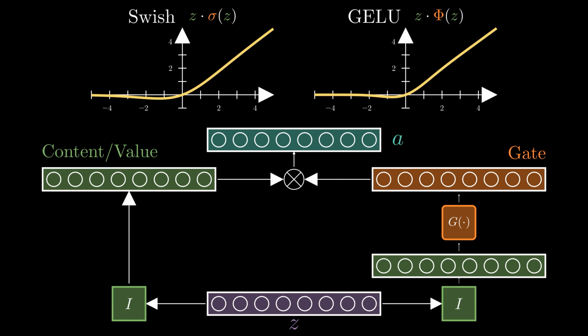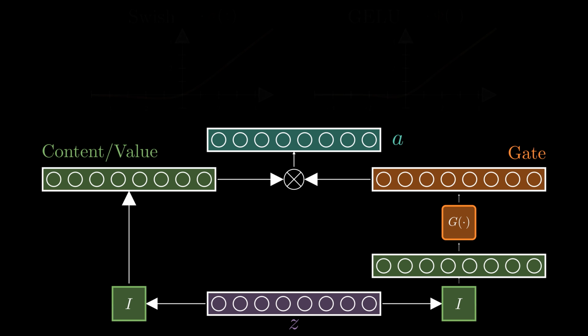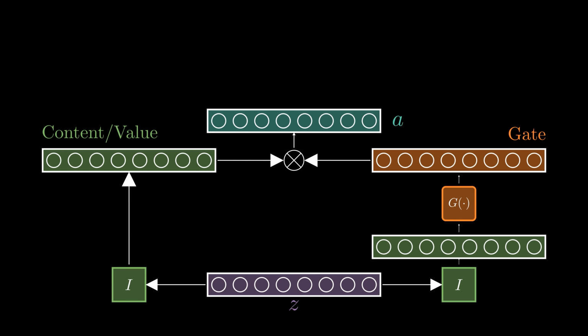Building upon the content and gate interpretation, we can generalize the framework to enable more flexible ways of extracting content and designing gating mechanisms. For content, we apply a dedicated weight matrix WV to the input Z, producing a learned content vector.